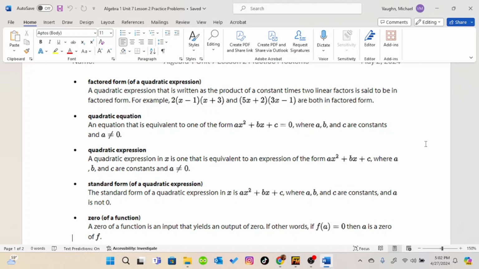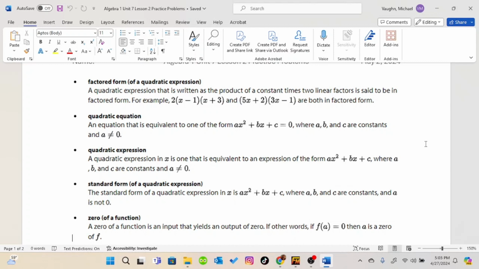Quadratic expression. A quadratic expression in x is one that is equivalent to an expression of the form ax squared plus bx plus c, where a, b, and c are constants and a does not equal 0.